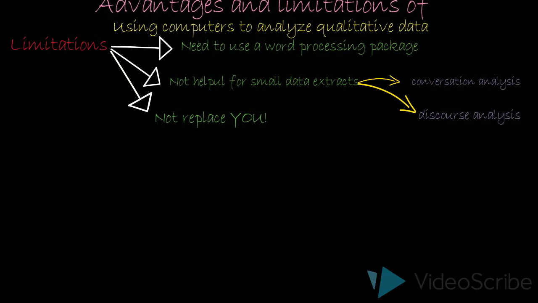And now we're going to look at some of the advantages of using computer software for qualitative analysis. Like I said earlier, it will not take away from the time-consuming task of things like transcribing interview data or scanning newspaper articles, reading through materials, coding, but it does eventually help with speed.